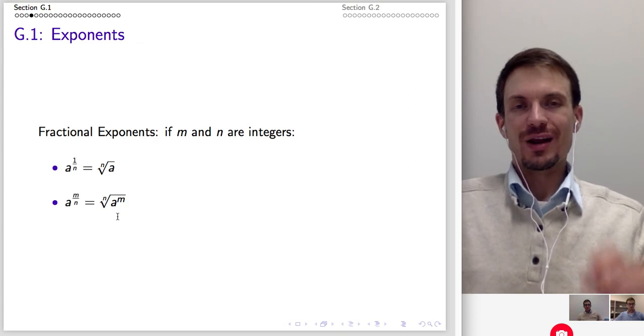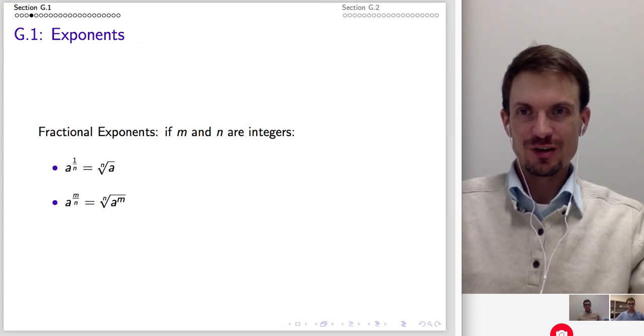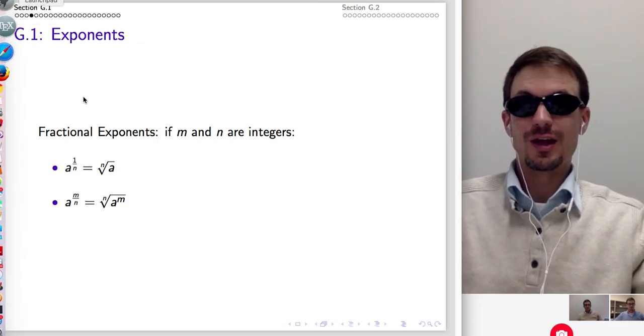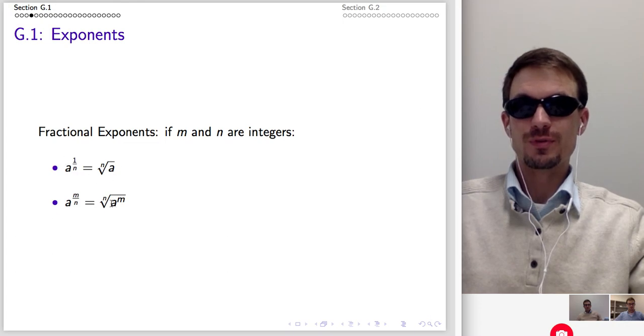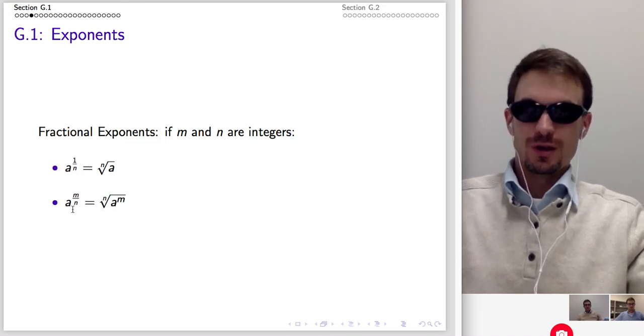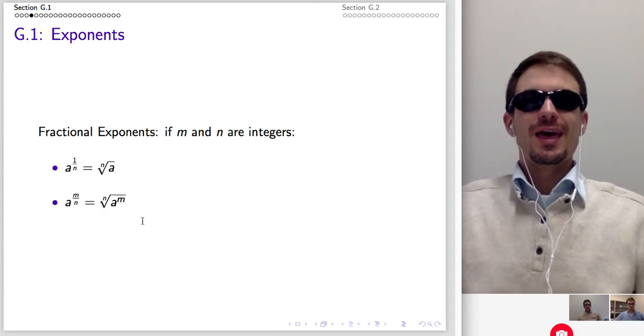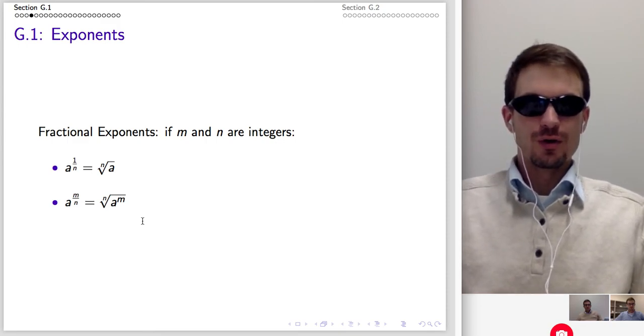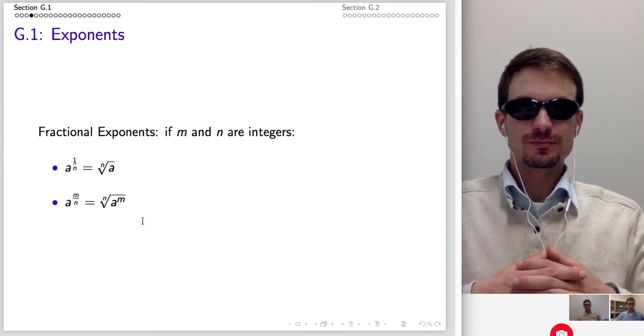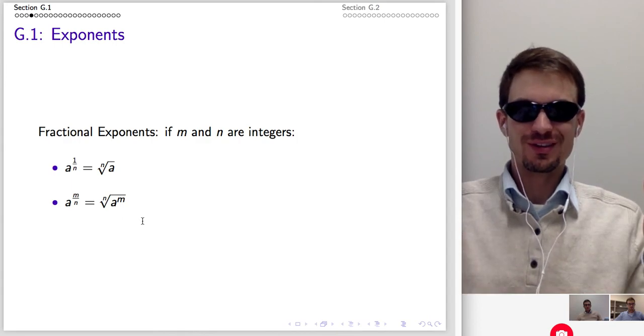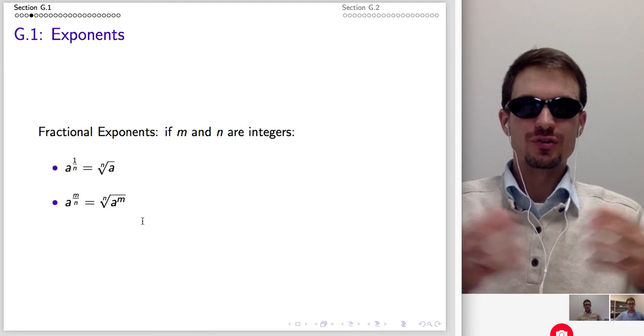And then whatever is the numerator of this fraction is going to end up being this power right here. So if you have a to the 1/2, this is like the second root of a to the first, right? Anything raised to the first power is just that base. So 1 to the 1st is just 1, 2 to the 1st is just 2, 3 to the 1st is just 3.